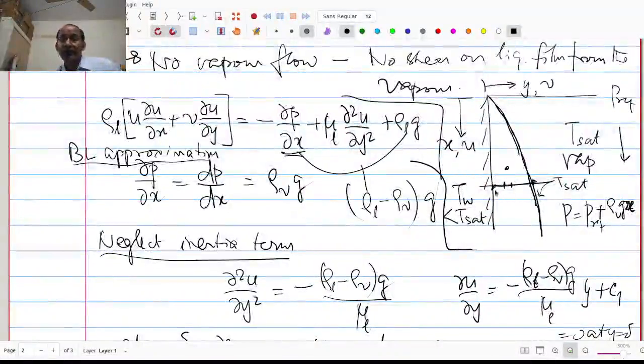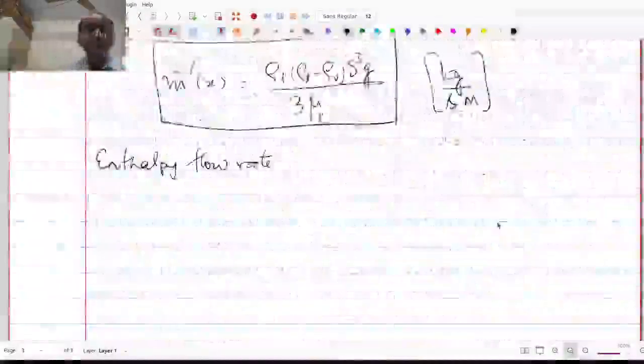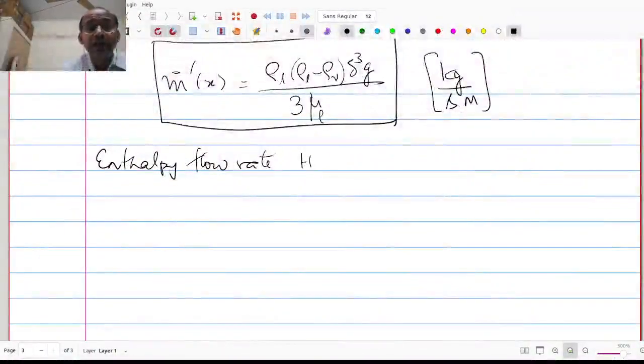That is the enthalpy integrated over the whole region. It's not specific enthalpy per unit mass, but it's integrated through the whole stream. Then you also get enthalpy flow rate H dot prime at any x. Again, prime reminds us that it is per unit width of the plate.